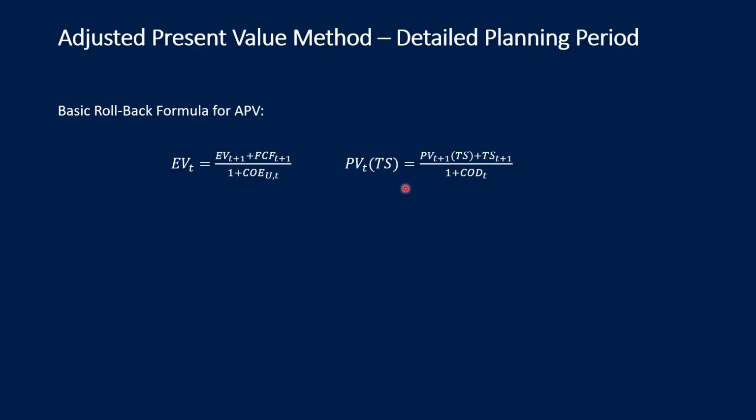And the same is true for the present value of the tax shield. So the present value of the tax shield as of t+1 plus the tax shield as of t+1 will be discounted by the cost of debt as of t, and of course we have to add the 1 because we only discount for 1 period. Now, let us go into Microsoft Excel and let's see how that works out in practice.